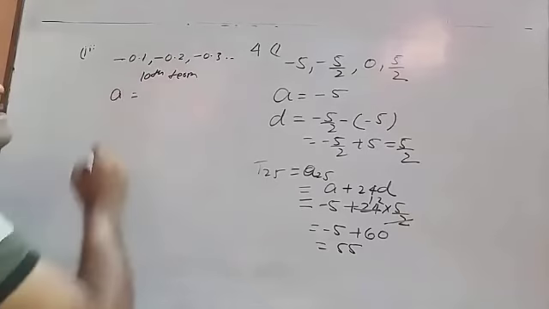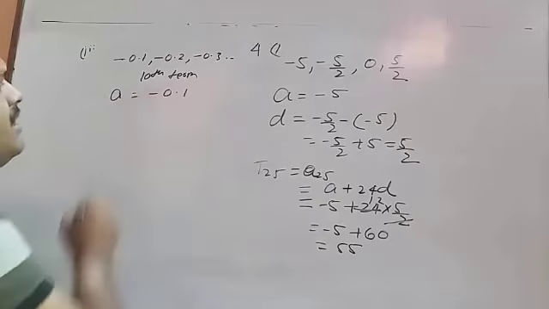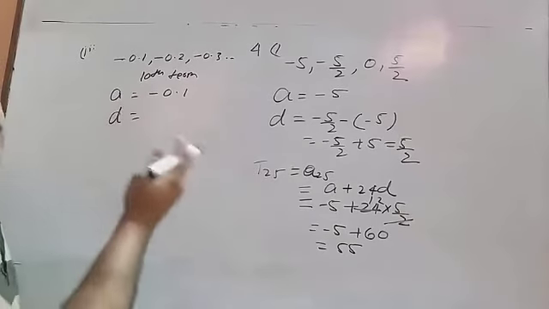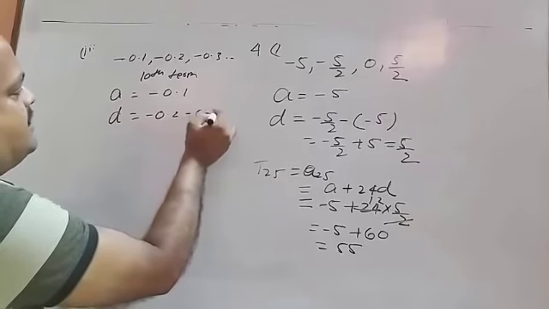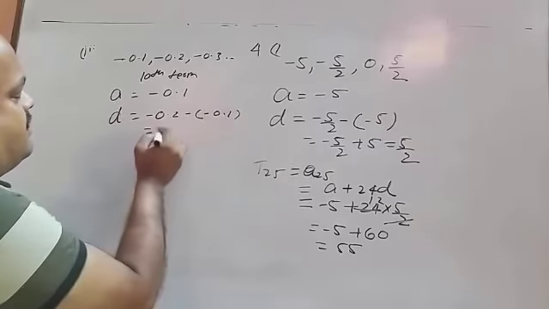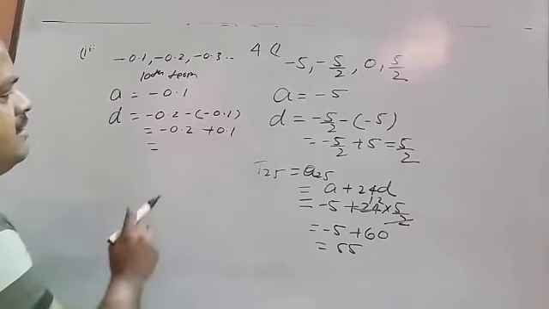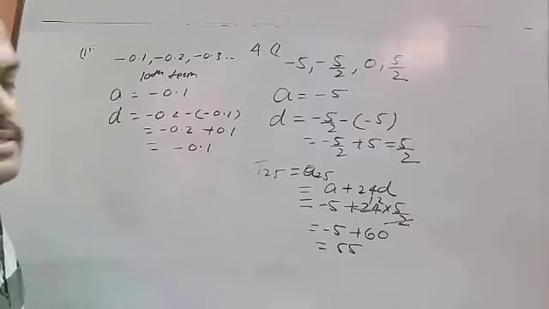So let us write the first term A as minus 0.1. Then find the common difference D, which is second term minus first term. Minus 0.2 minus (minus 0.1), minus 0.2 plus 0.1. So it becomes minus 0.1.